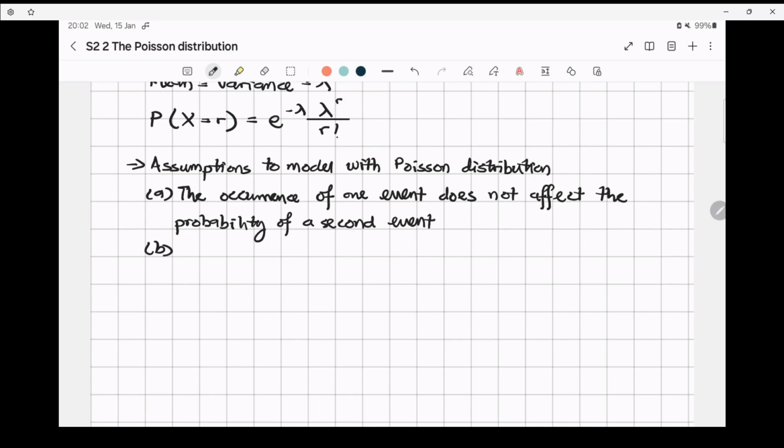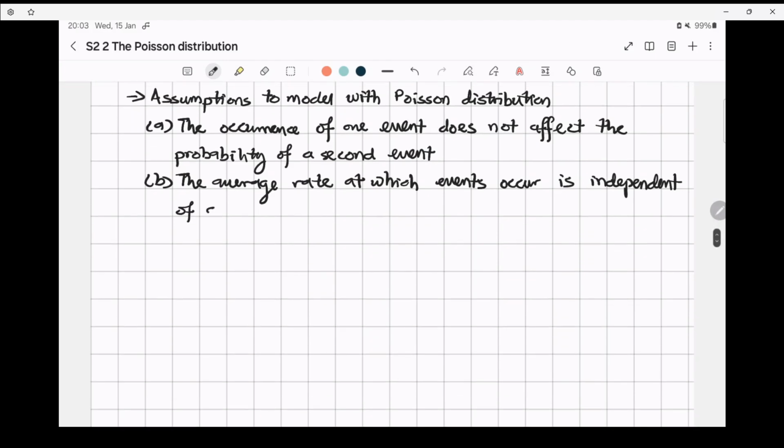The second assumption is that the average rate at which events occur is independent of any occurrences. And then the third thing is that two events cannot occur at the same time.